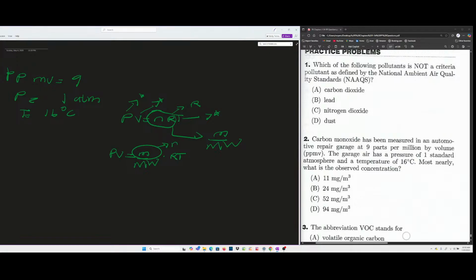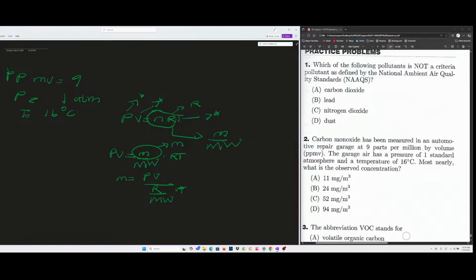So M is equal to PV over R, over MW, times T. Because we're asking most nearly what the observed concentration is, which is M. This is our concentration M.